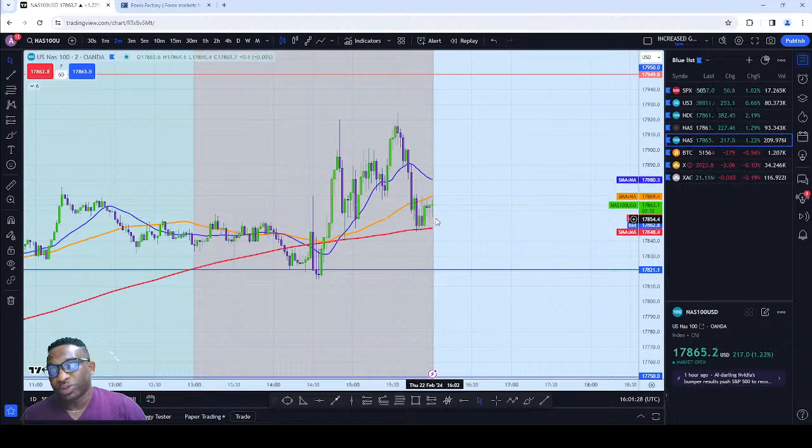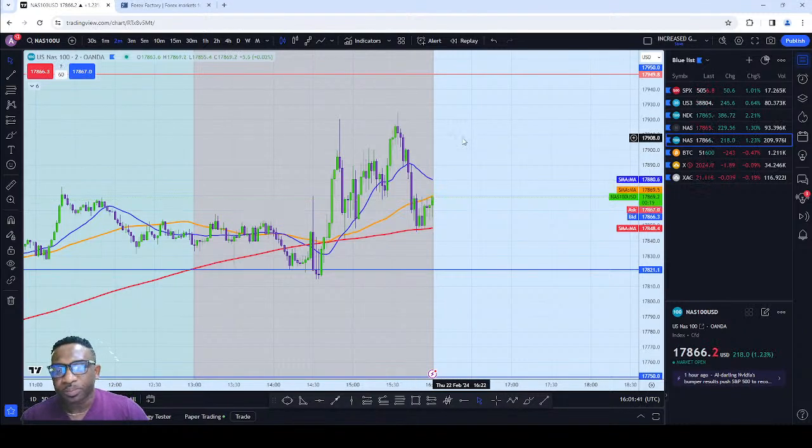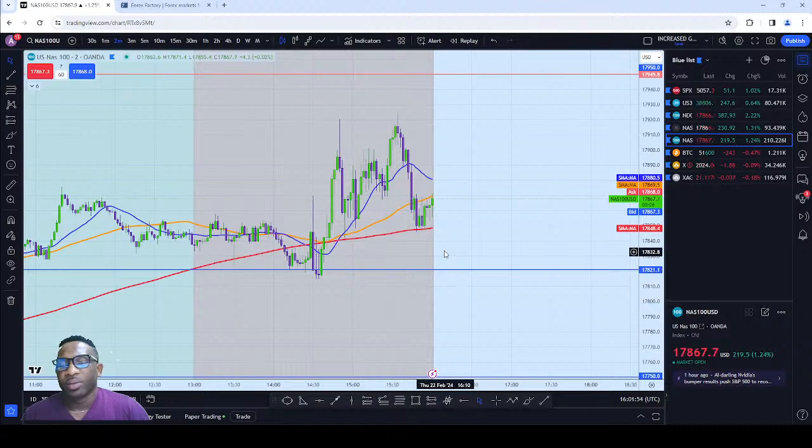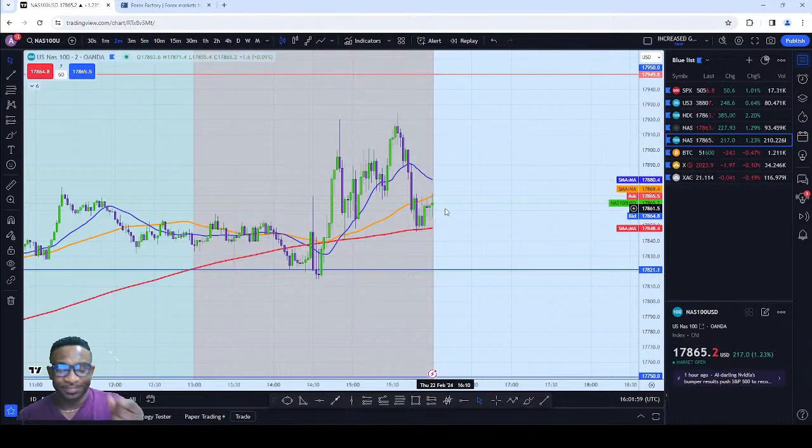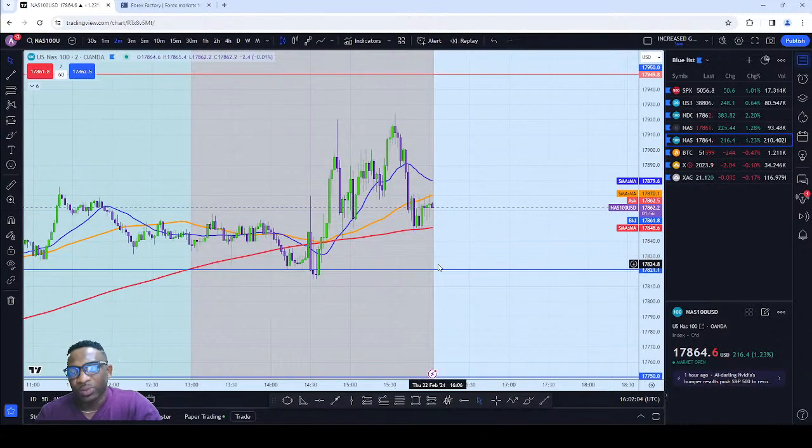So I would rather wait until it crosses above 50 or just near to the 20 moving average, then I will consider a buy going up. Entering here might be a little bit risky, that is if it tends to continue going down. If not and it goes up, yes, you would have gotten an early entry, but you also put yourself in danger if it doesn't work out that way.